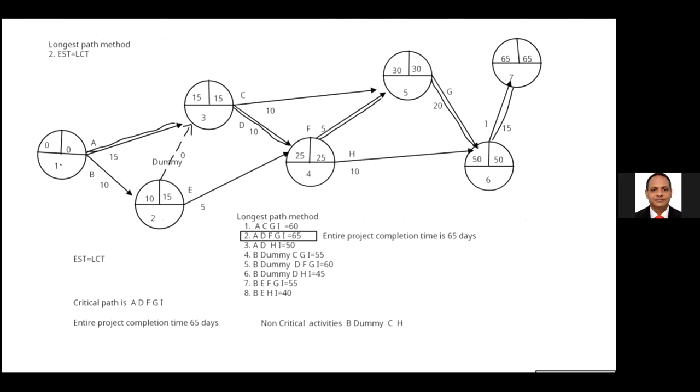Instead, we can start A and B simultaneously. A takes 15 days, but before A completes, we can complete B because it takes only 10 days. When we start C, we start D at the same time. When we start F, we start H also. Likewise, because of the simultaneous activities, we can complete the entire project within 65 days. That is the secret behind it. Right?